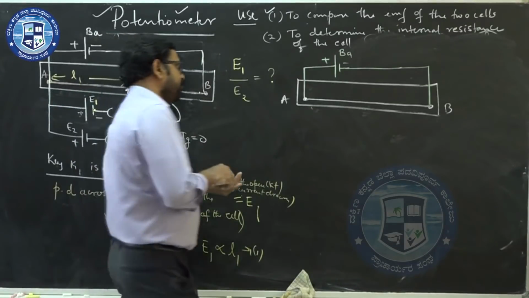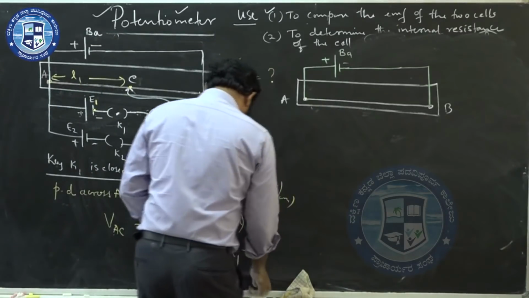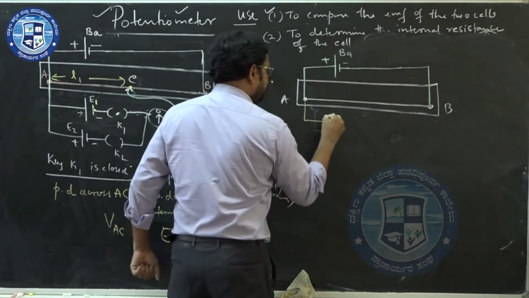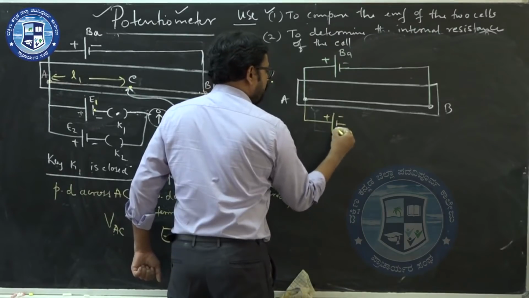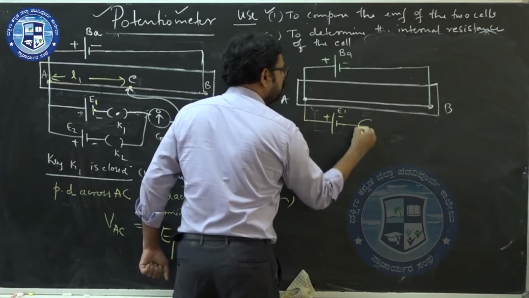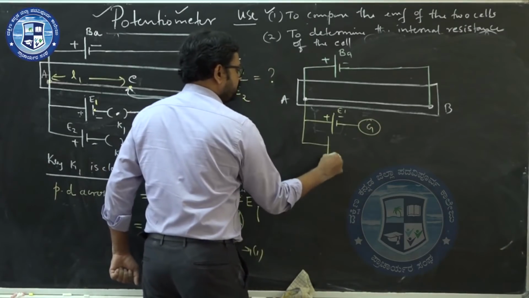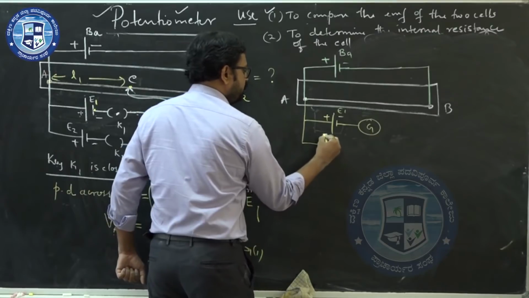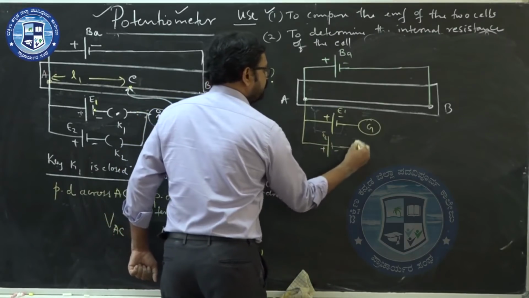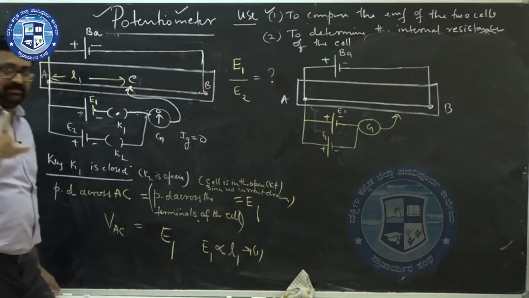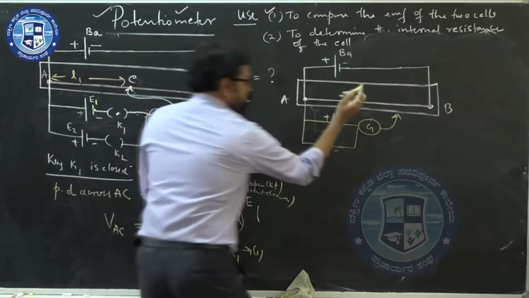Clear? Fine. Then from A, there is a connection given to the positive terminal of the cell of EMF E1, and the negative is connected to one terminal of the galvanometer, right? And again from A, there is a connection given to the positive terminal of the second cell of EMF E2, and the negative terminal is connected to the galvanometer, and the galvanometer to the sliding contact. Of course, the resistance box was included, right?